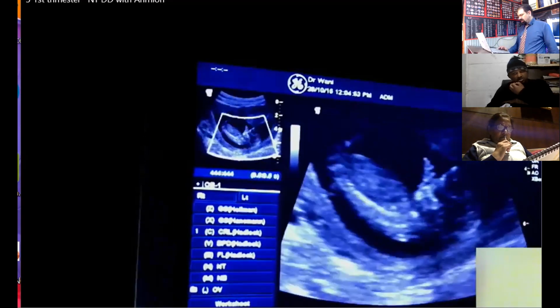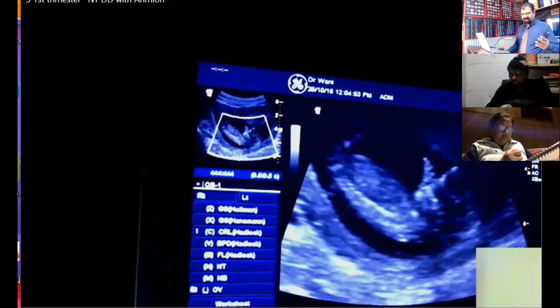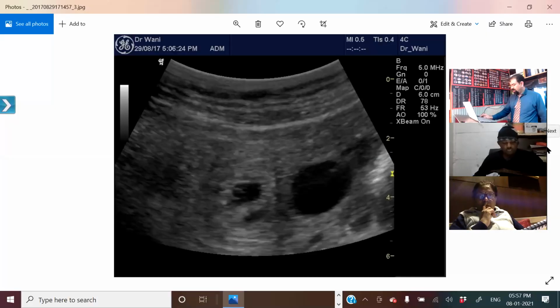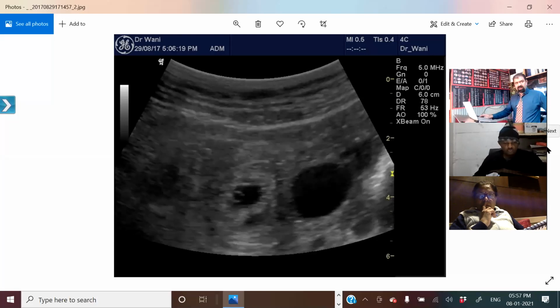Now we will take some pictures very quickly, going through some of the pictures of early pregnancy ultrasound. What I can see over here is the gestational sac, and this gestational sac is in the adnexa. And this is the corpus luteum.